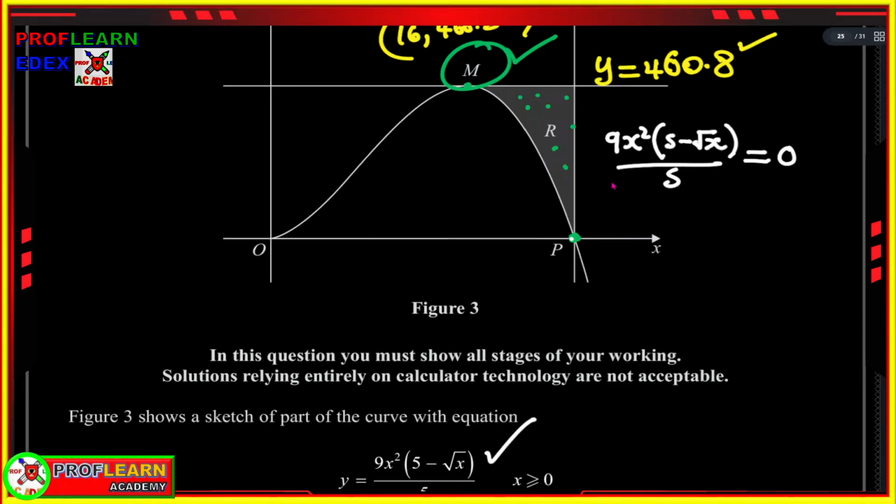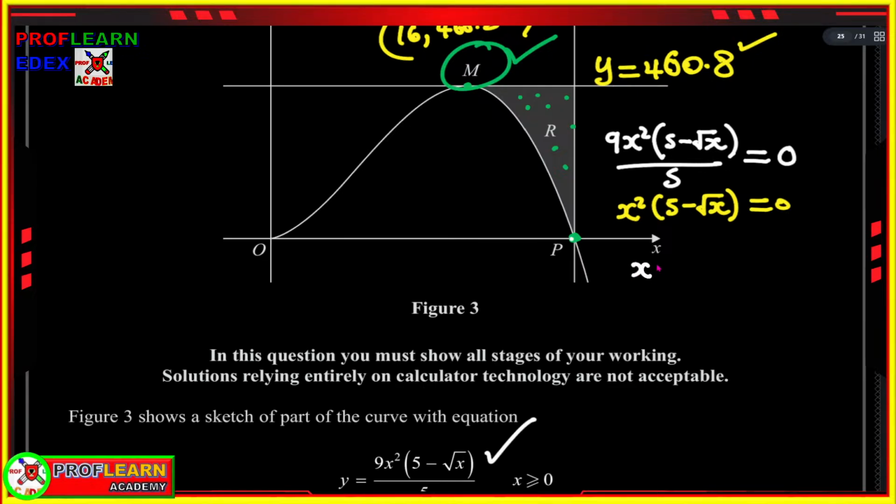If we multiply 5 both sides, we are going to have 0. Divide by 9, we shall have 0. So we can have x squared into 5 minus root x is equal to 0. That's what the equation will simplify to.